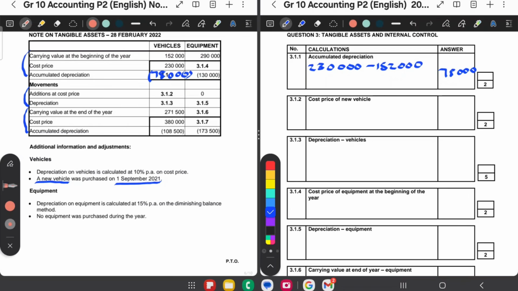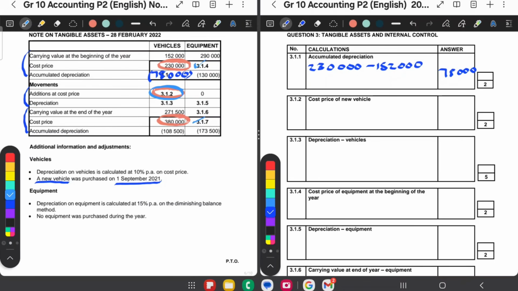So normally, the cost price here plus this cost price will give me the cost price at the end. So vehicles at the beginning at cost price plus the new cost price will give me this one. So to get this middle one, I'm going to say this one minus that one will give me this middle one.